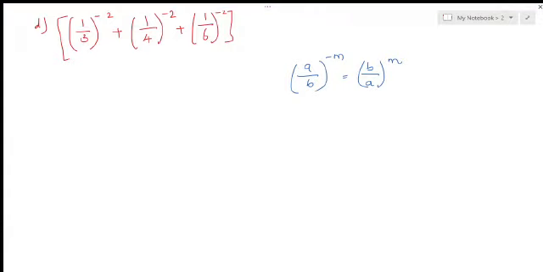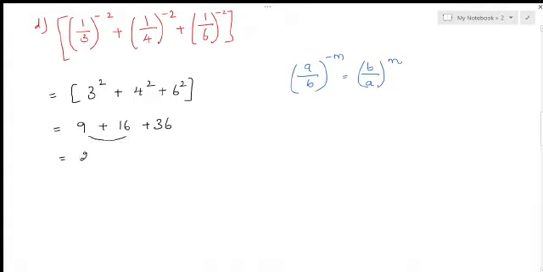So the first term, (1 by 3) whole power minus 2, will become 3 square, plus (1 by 4) whole power minus 2 will become 4 square, and (1 by 6) whole power minus 2 will become 6 square. So 3 square is 9 plus 4 square is 16 plus 6 square is 36. So 9 plus 16 will give you 25, plus 36. 25 plus 36 is 61.